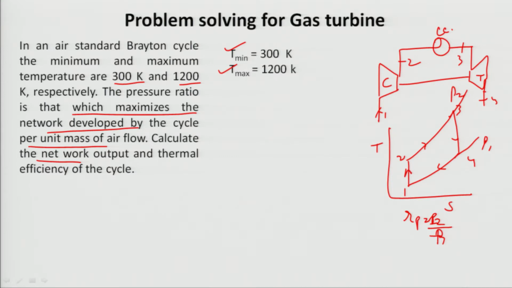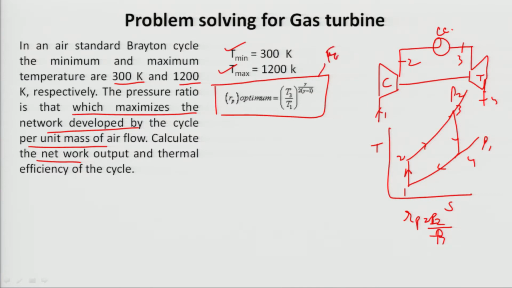We have derived the condition earlier. What is the condition for the optimum pressure ratio for maximum W net? T3 is given to you, T1 is given to you, the value of gamma is 1.4. Put the values here, and we can find the pressure ratio for this cycle.